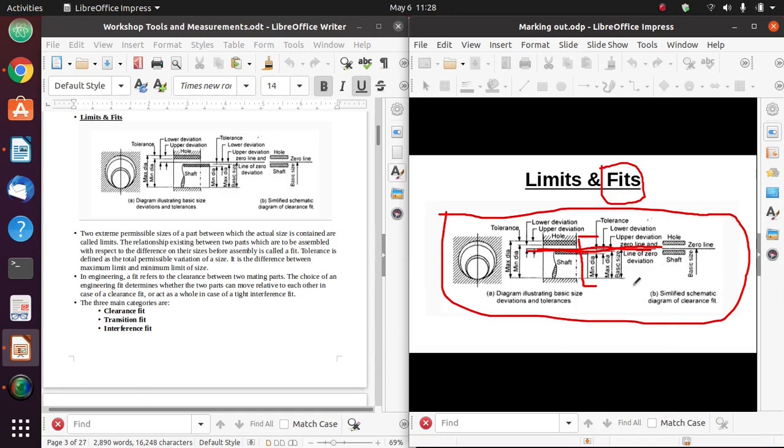But when you come to machine that part, you have to include the aspect of tolerance, so that there is allowance for any errors, for expansion, for contraction. So when you have a basic size from the design and you have the tolerance, we come up with other terms like deviation, tolerance, upper deviation, lower deviation. So go look at those notes and find out what these terms mean when it comes to fits.